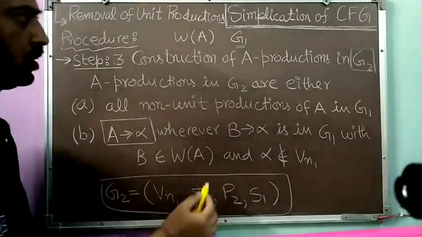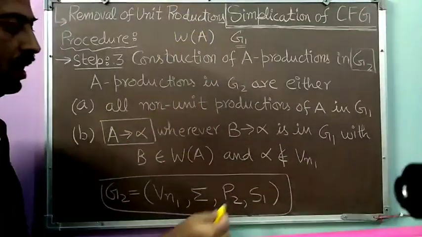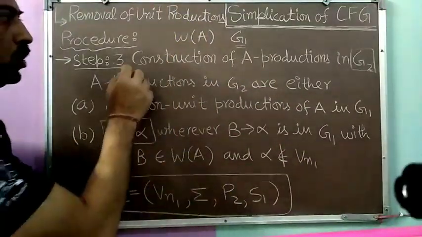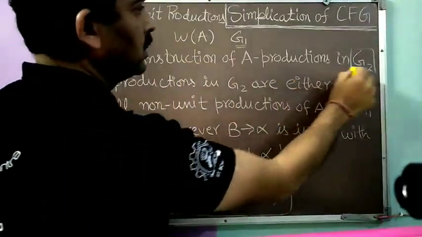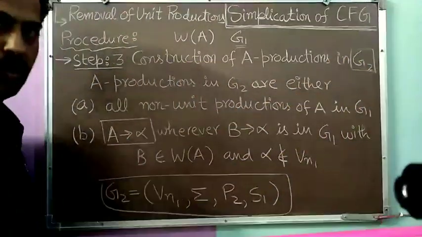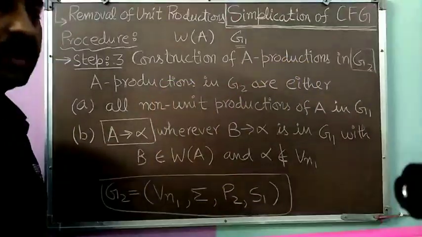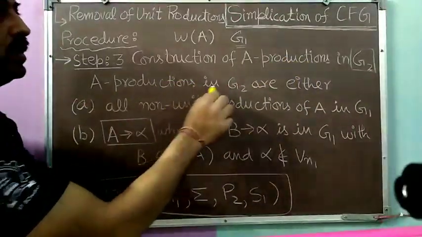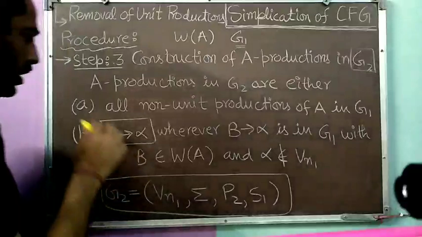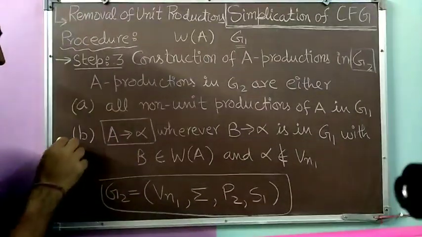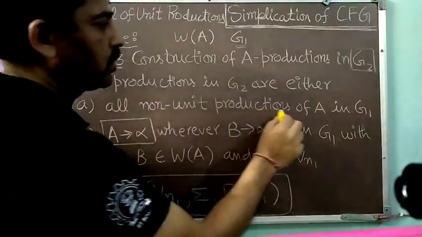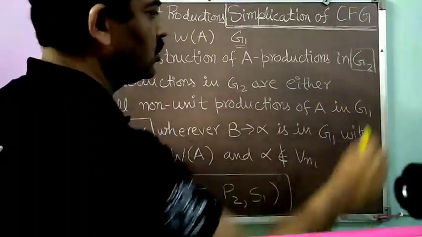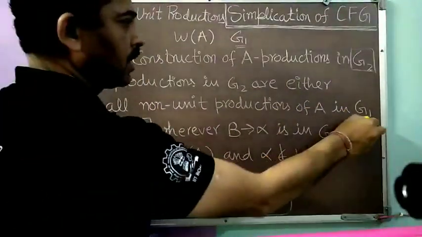Now what productions of each variable A will be included in this P2? In step 3 we will construct the A productions in G2, or we can say in P2. The A productions in G2 come from two parts. Part A is all non-unit productions of A in G1, the grammar under consideration.